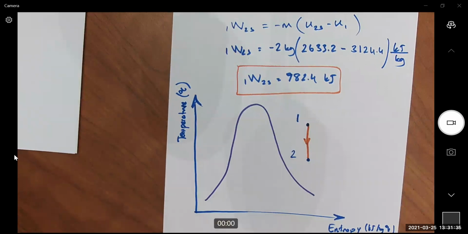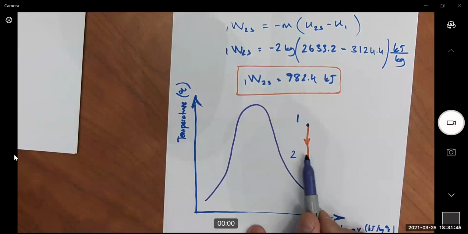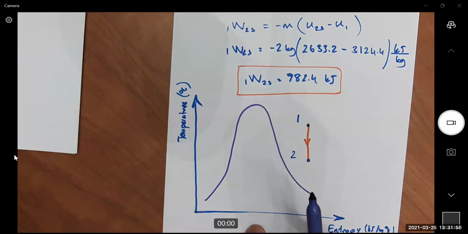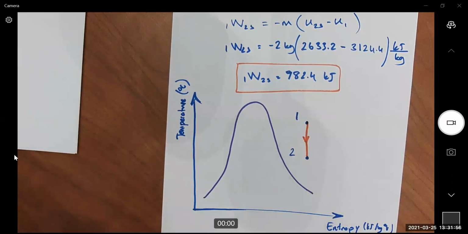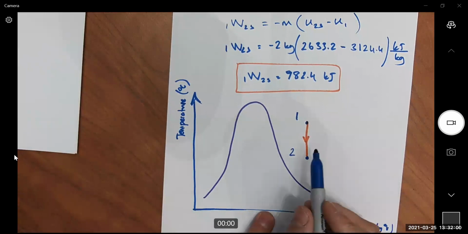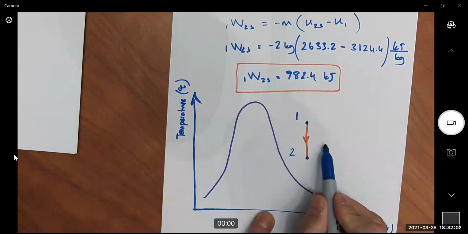What about the irreversible one? For the irreversible state, where is it? Is it on the left or right?